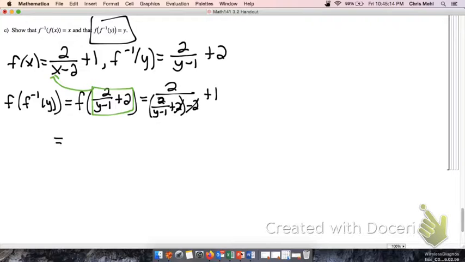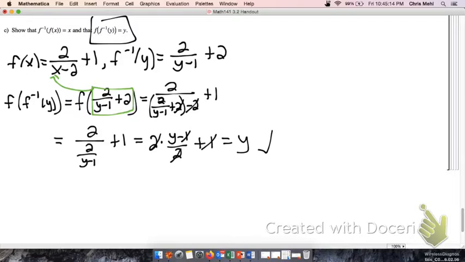So now this is equal to 2 over y minus 1 plus 1. Dividing by a fraction is the same as multiplying by the reciprocal. The 2's cancel, the minus 1 and the plus 1 cancel, and you end up getting y. So when you compose a function with its inverse, you just get the original input back.